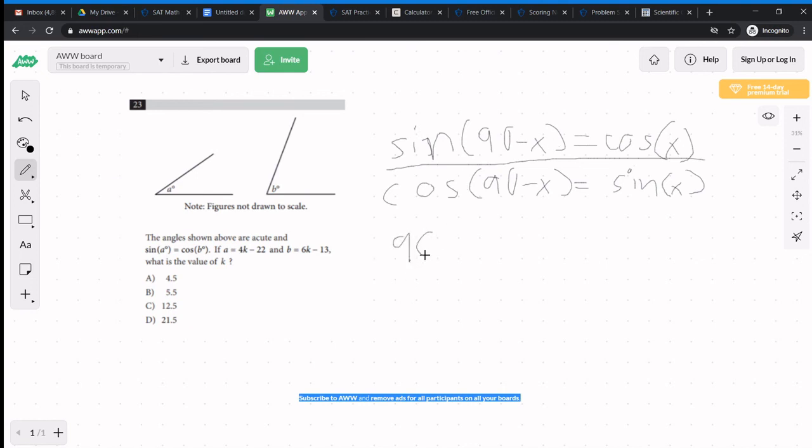No matter what it is, 90 minus x plus x equals 90 degrees. So, at the end of the day, no matter what a and b might be, a plus b is going to equal 90. Whenever sine of an angle is equal to cosine of another angle, those two angles are going to add up to 90. You have to know that.